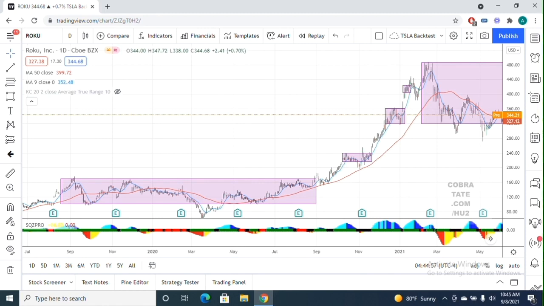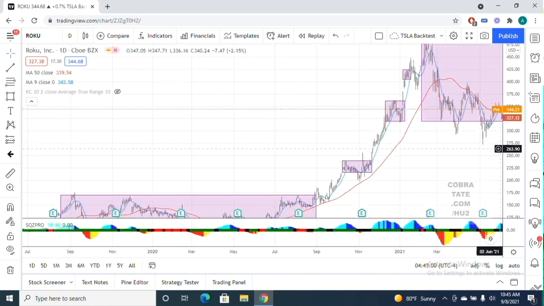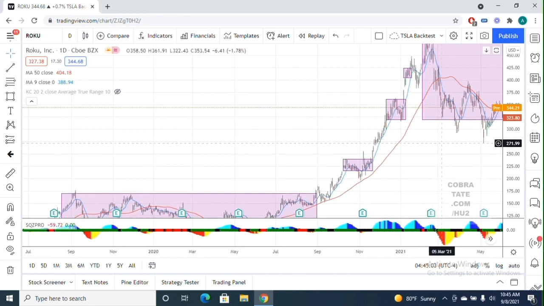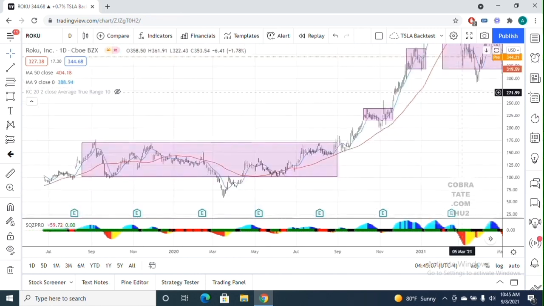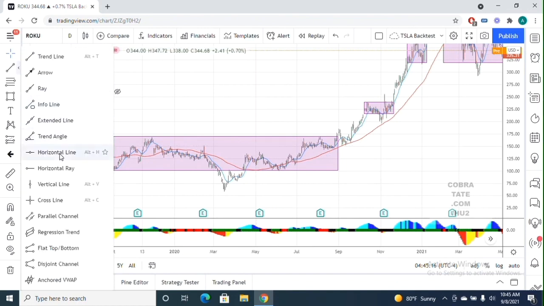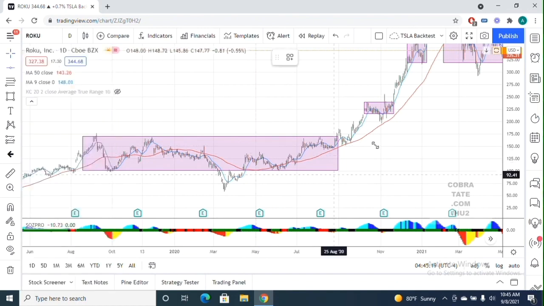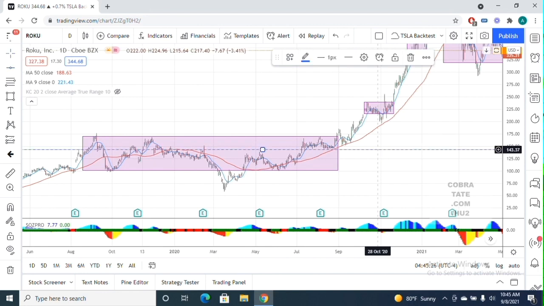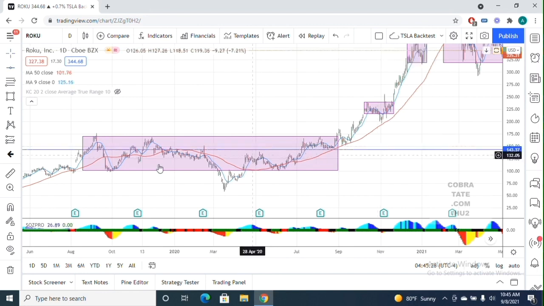So what are zones? Zones are important price levels which act as supports and resistances. In this case, for example, before I drew this box, let's identify some zones. Alright, you can see clearly that this price level is a zone. Why do I say that? I say that because look at this. It acted as support. As long as the price was above it, the path of least resistance was higher.